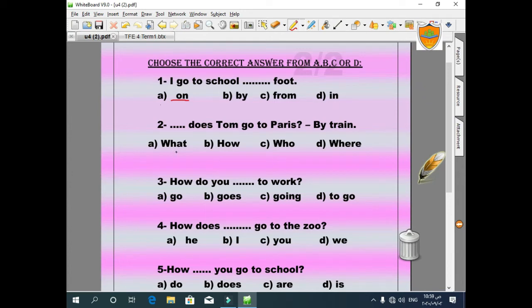How can I ask about the means of transport? We said it before. We use what, how, who, where. Yes, we use how to ask about the means of transport. How does Tom go to Paris? By train.